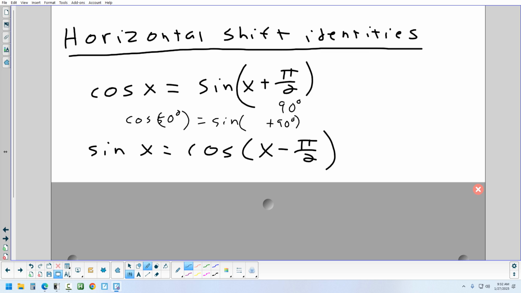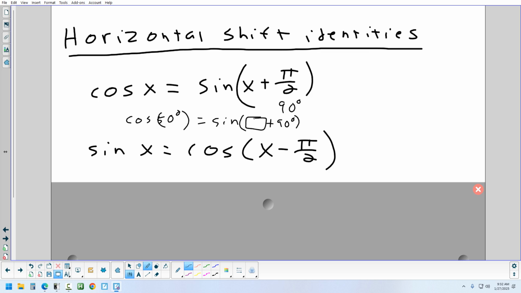That's one way to think about it. Think about what x would have to be, and then simplify what's inside there. Yep. If x is 50 degrees, then cosine of 50 is equal to sine of 140.